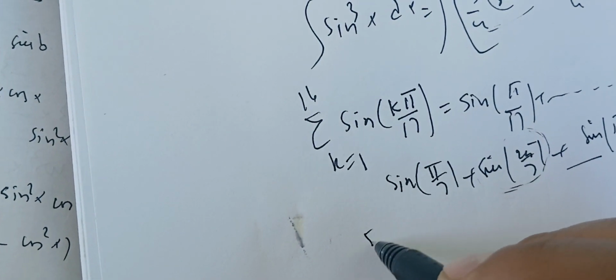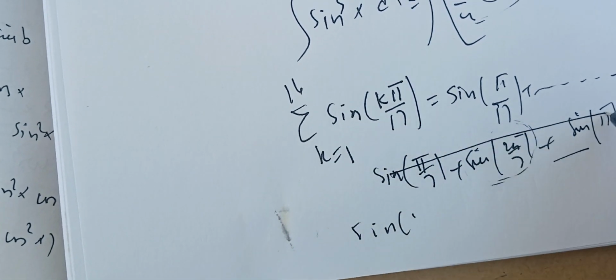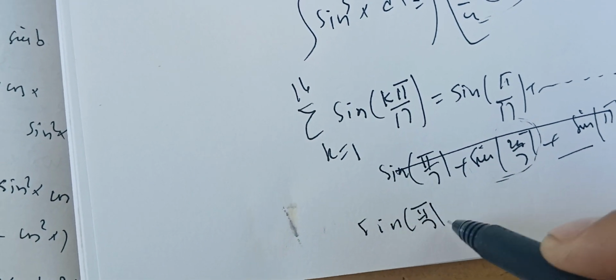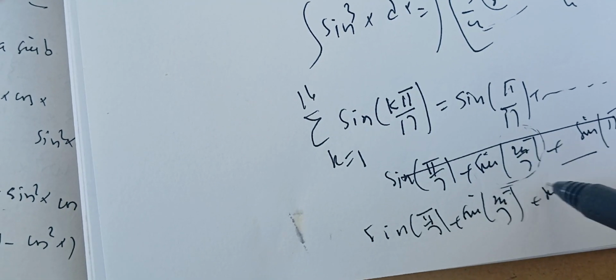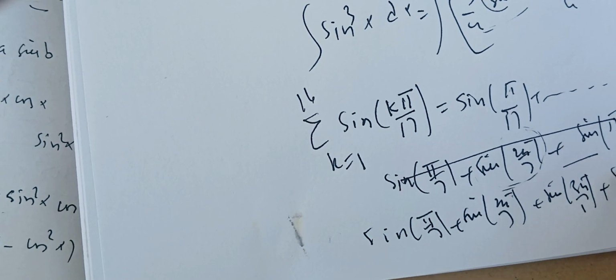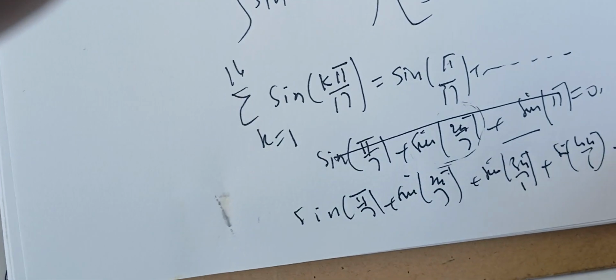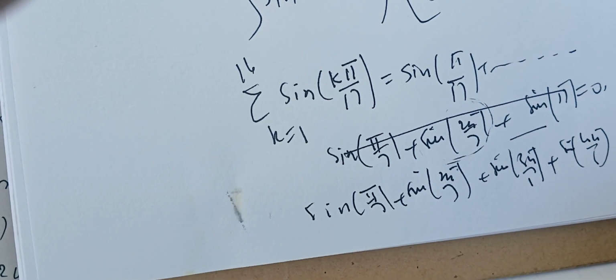So let's forget this one: sine of pi over 7 plus sine of 2 pi over 7 plus sine of 3 pi over 7 plus sine of 4 pi over 7 plus sine of 5 pi over 7.